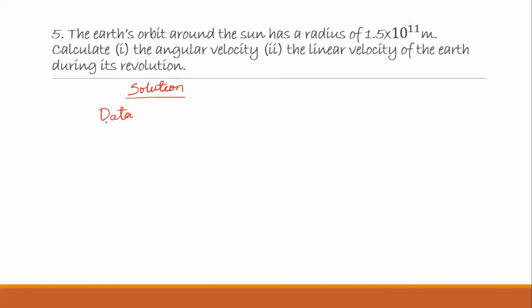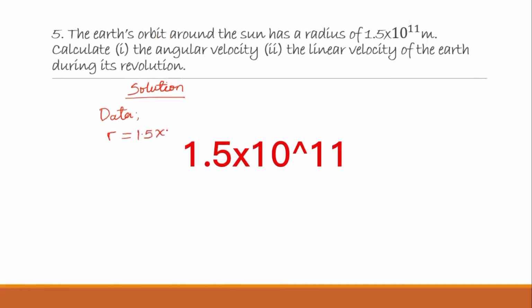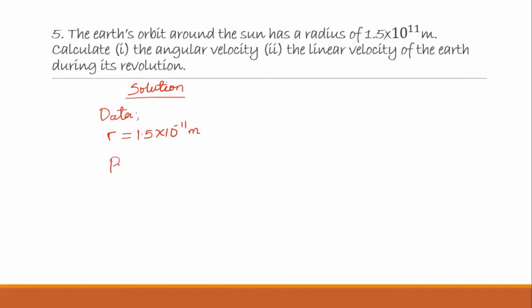Solution. I have the following data. I'm given the radius to be equal to 1.5 times 10 raised to power 11 meter. That is all I'm given. But it takes 1 year for the Earth to orbit the sun. So which means that the period here, we use capital letter T to represent period.